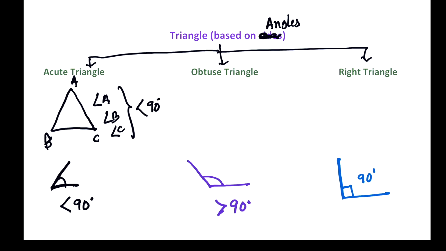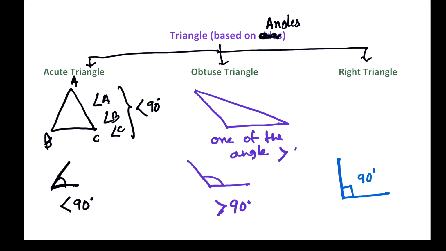Let's talk about obtuse angle triangle. A triangle which has one of the angles greater than 90 degrees. You can notice that when I said acute angle triangle, I said all the angles are less than 90 degrees.